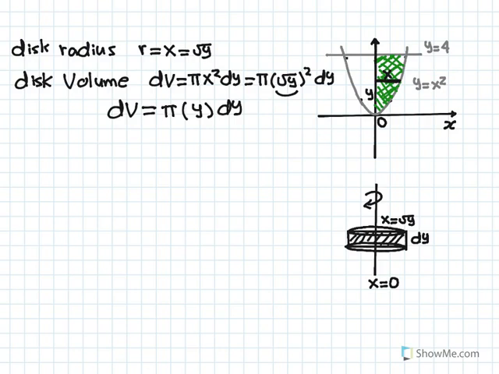So that's pi times radius squared times dy. And once we find one of the volumes of these disks, we add up all these disks in the y direction, and adding up the disks gives us the entire volume of the solid. So the volume is just going to be the integration from y equals 0 to y equals 4 of all these little disks that we find, pi y dy.